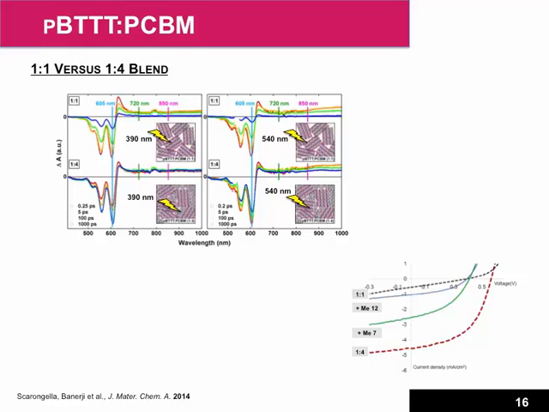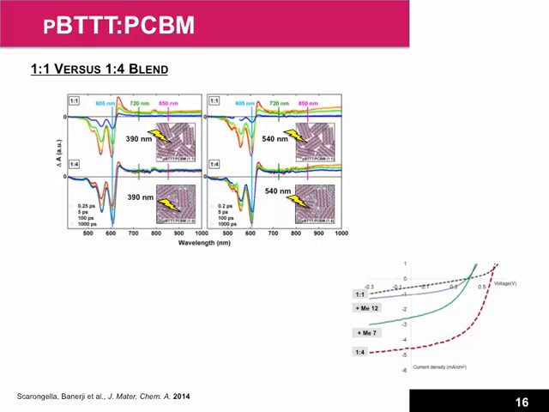So we did again the transient absorption spectroscopy, and I started with the two that were already well studied and a little bit more known, which are the 1-to-1 and 1-to-4 blends. And we did again the study where we excited either more into the fullerene or more into the polymer.